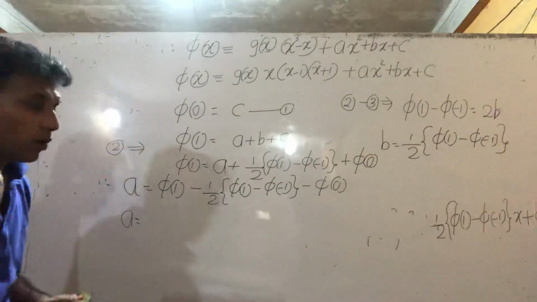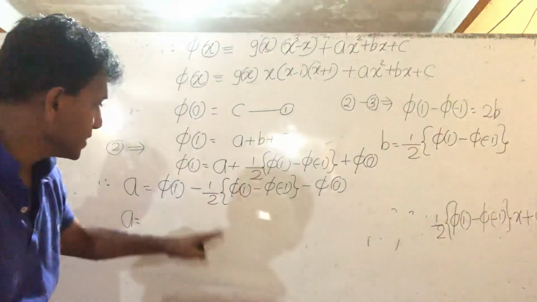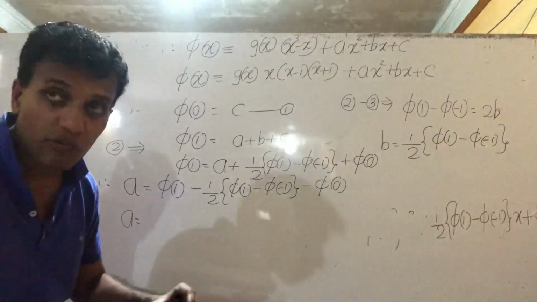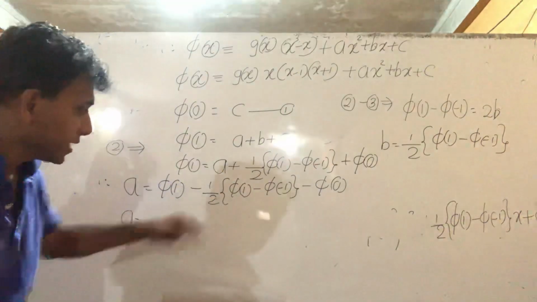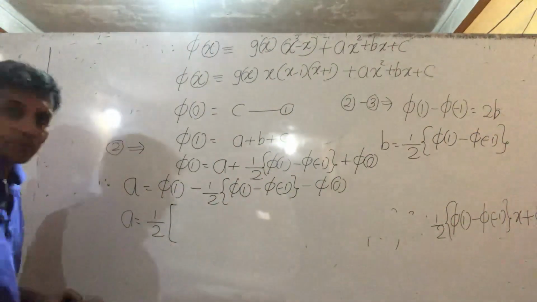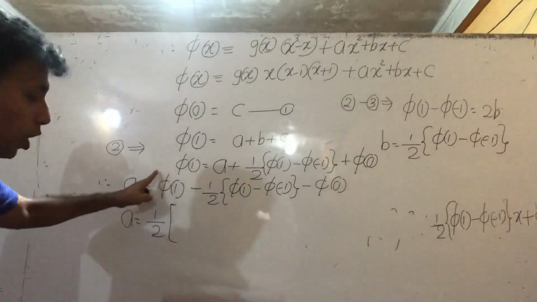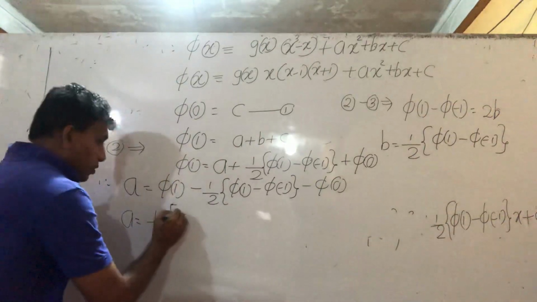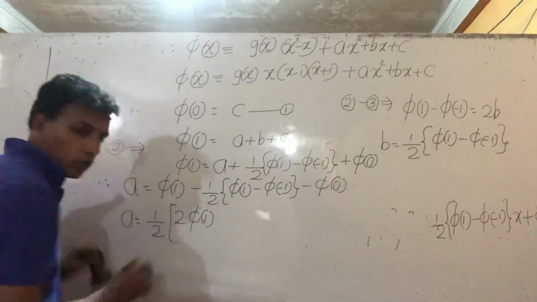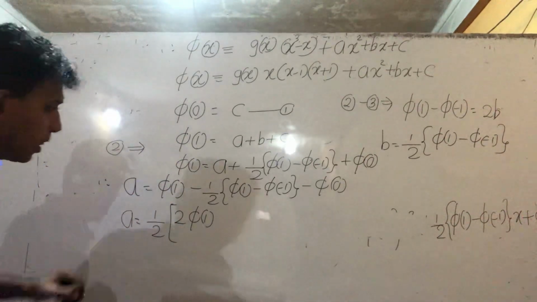Now see the method of solving. Can I take this half out? See, the half is taken out for the A part. Take the half common, take out. Then here no half, so you should multiply by 2: 2 phi of 1.